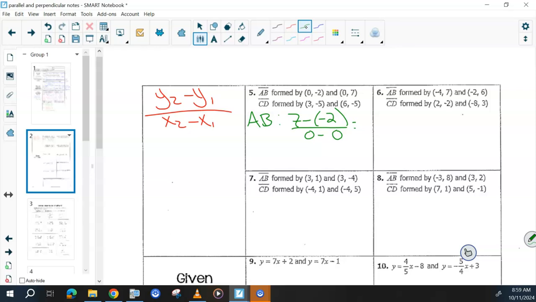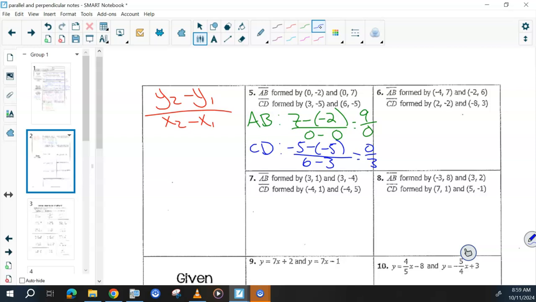So I'm going to write it as is first, but keep in mind it is undefined. And then do the same thing for CD. What is that slope? It would simplify to 0. I'm going to put it as 0/3 for right now. So that one's actually 0.